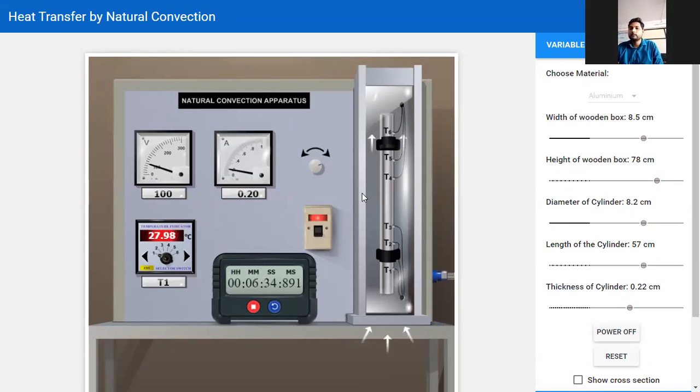Why is this box provided? To avoid the forceful air coming in this direction and in this direction over this heated surface. Because of that, the box is provided, so the forced air effect will be negligible on this cylindrical tube, and only the pure natural convection effect you can see here.